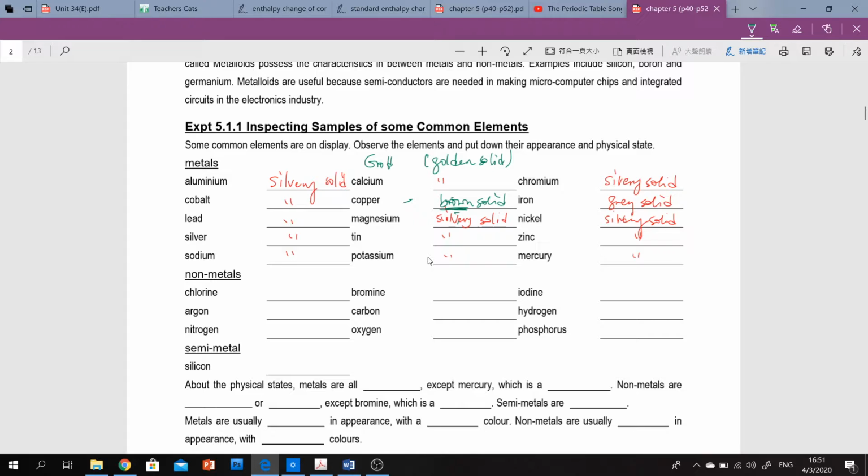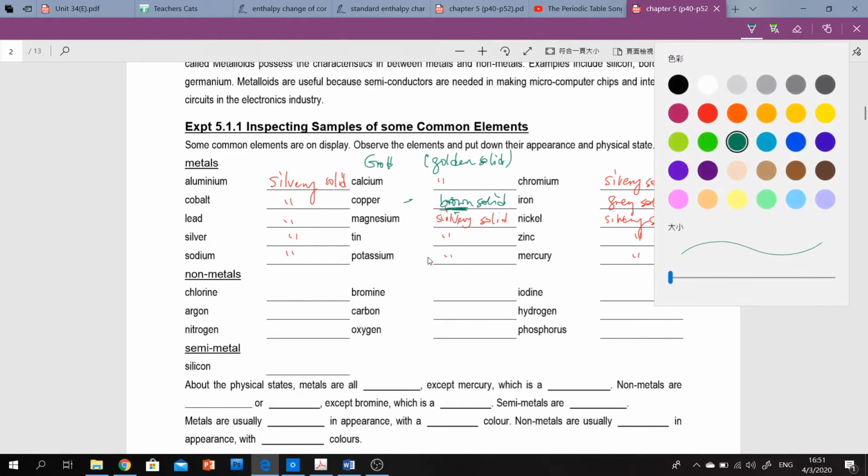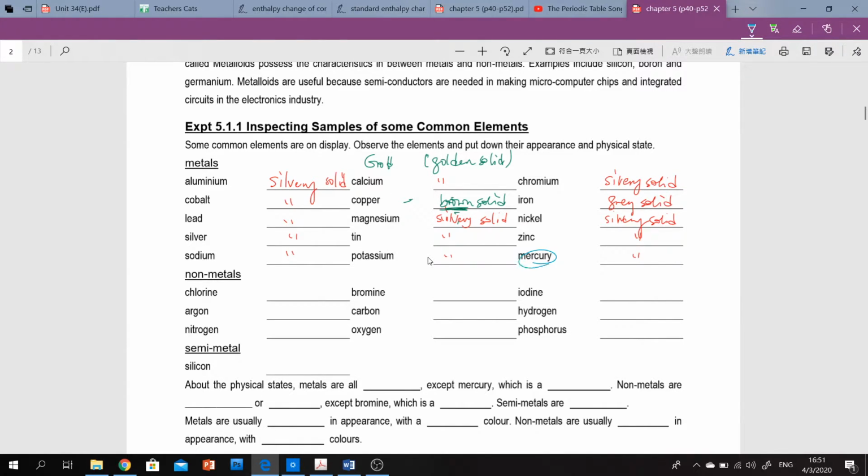How about mercury? I would like to highlight it here. Mercury is silvery, but it is not solid. It is a silvery liquid.